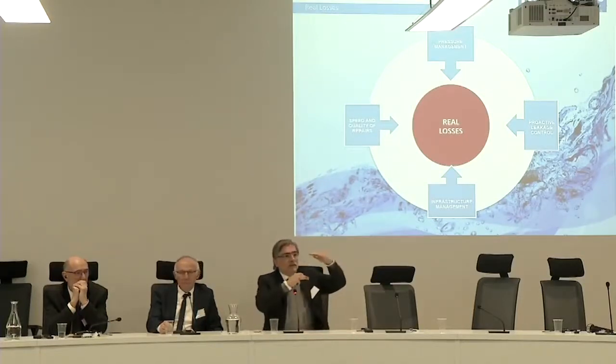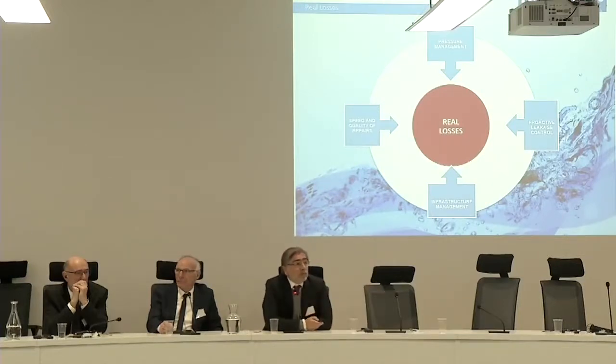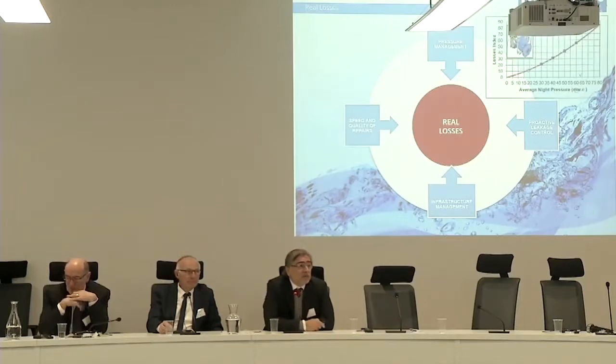So the window is very short. But in Portugal, nobody applies the law, so there are a lot of municipalities with pressure of 10, 15 bar, which is impossible to control. This is the first step to downsize the real losses, the pressure.